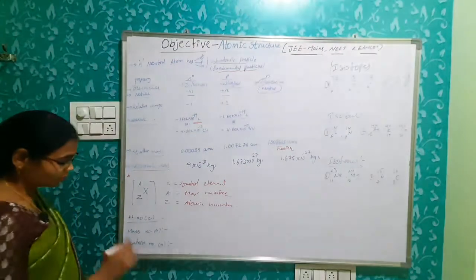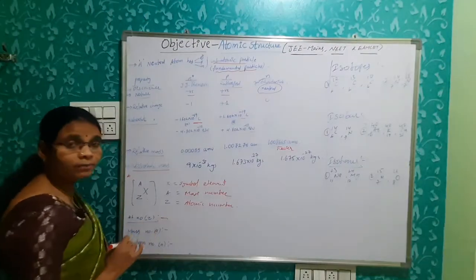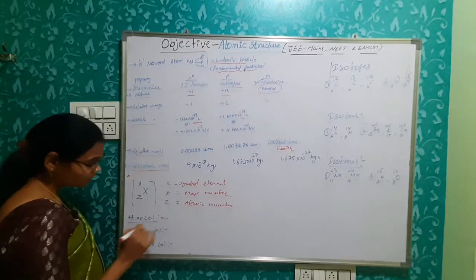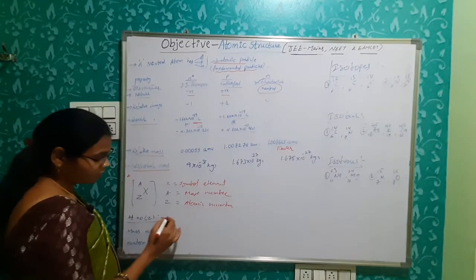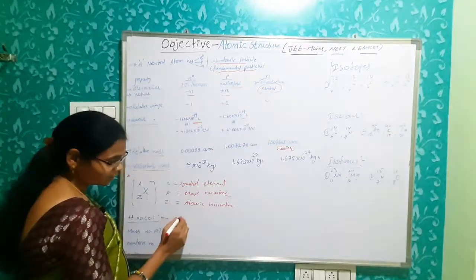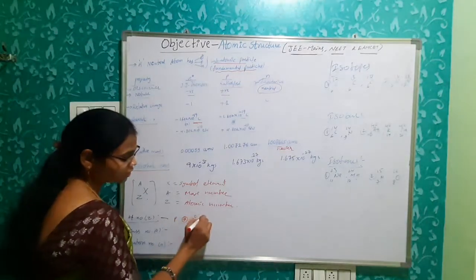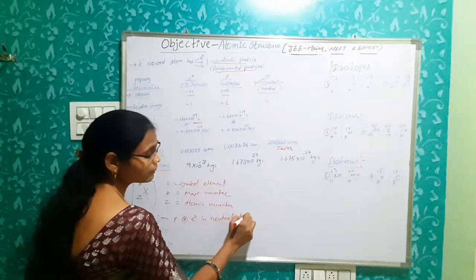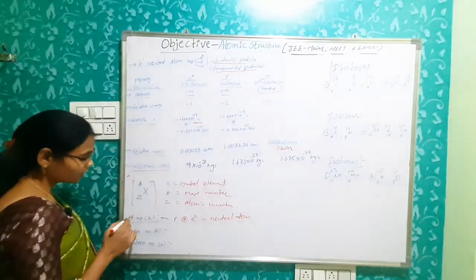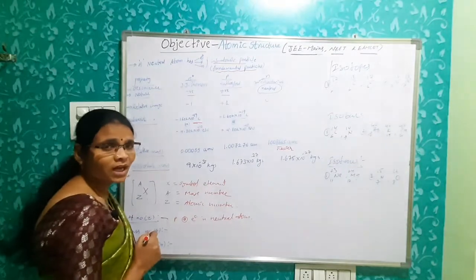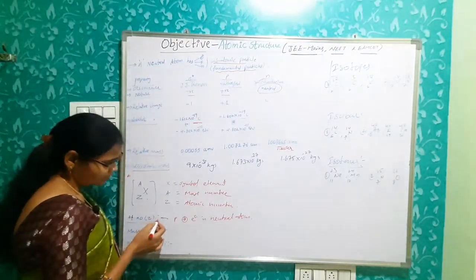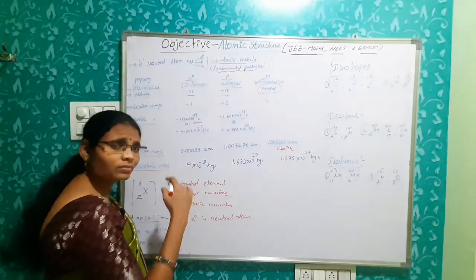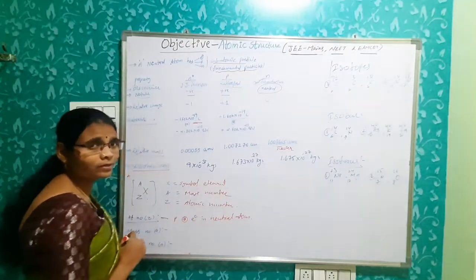So how do we define the atomic number Z? The atomic number Z is denoted as simply the number of protons or electrons in the neutral atom, or simply the serial number of the element in the modern or long form of the periodic table.